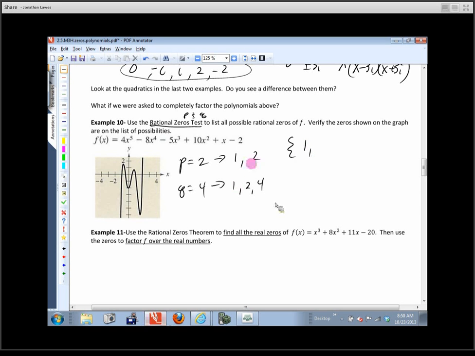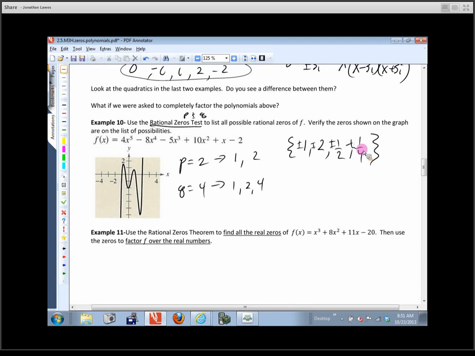That's a 1. 2 over 1. That's a 2. 1 over 2. 1/2. Or sorry, let's do 2 over 2. 2 over 2 is 1. Okay? Then 1 over 4. That's 1/4. And then 2 over 4. 2 over 4 is a half, right? It's already on our list, so we don't need to worry about it. Now, once I make this list here, what else do I need to add at this point? Plus or minus.